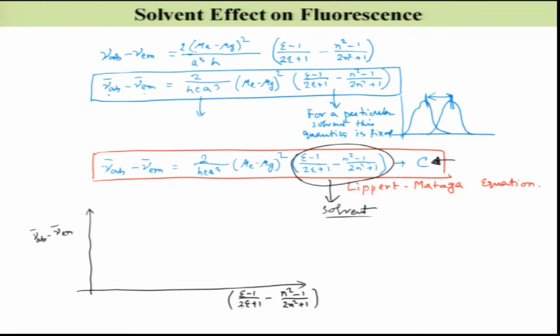So this is solvent 1, this is solvent 2, this is solvent 3, solvent 4, 5, 6, like that, right.